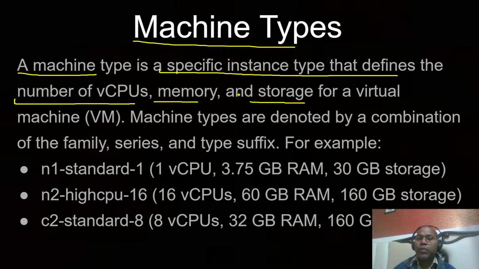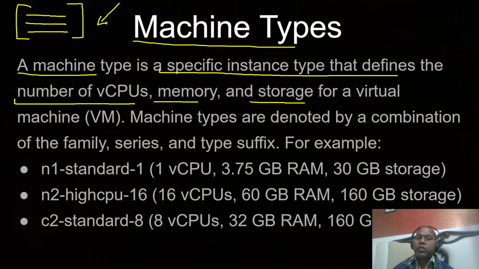These are the three key parameters in any cloud provider. In GCP you just tell us your number of virtual CPUs, size of memory, and size of storage. These three key parameters make a difference in costing and pricing. A machine type is generally denoted by a combination of family, series, and type. So you can say here, a standard example is maybe the N1 series.